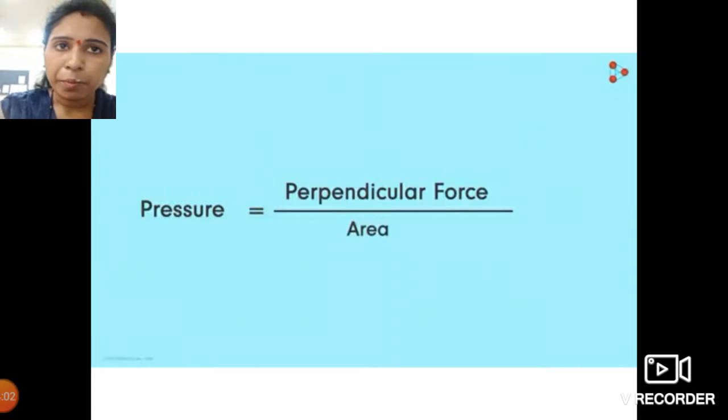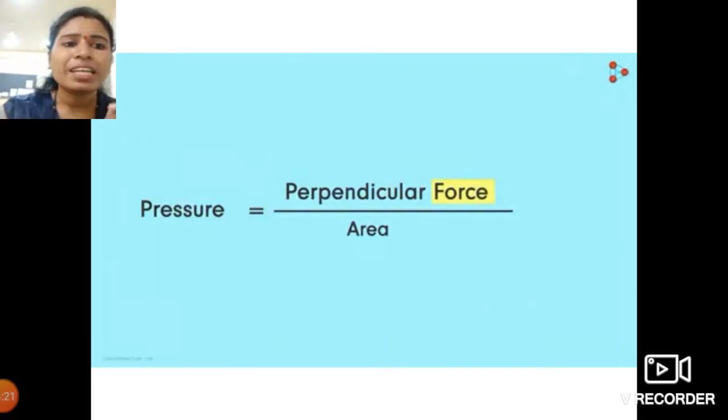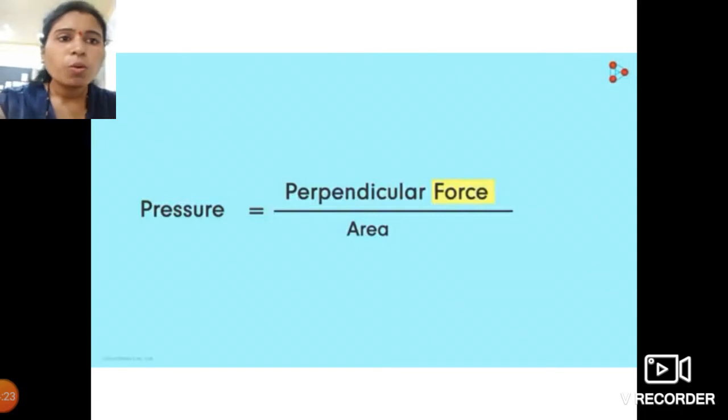Again, pressure is defined as the perpendicular force acting on the surface of an object per unit area. In a small or unit area, it is really easy to apply force.